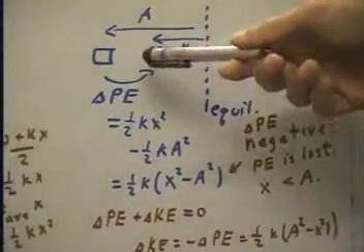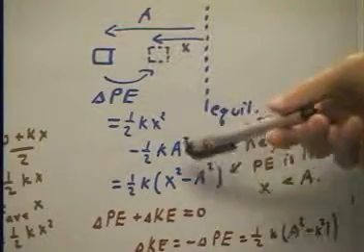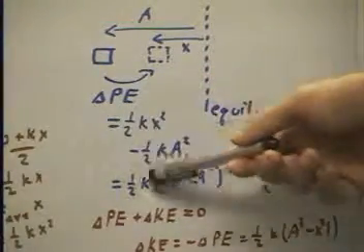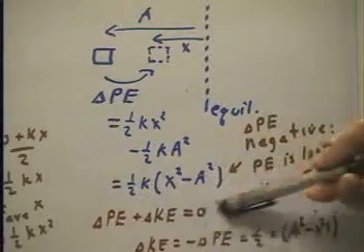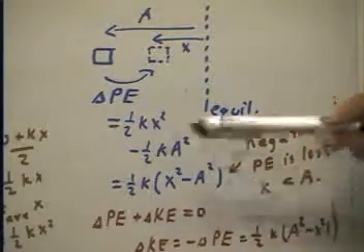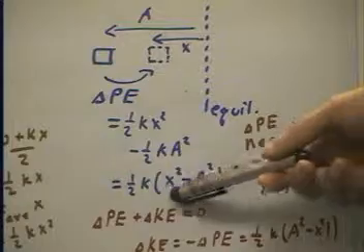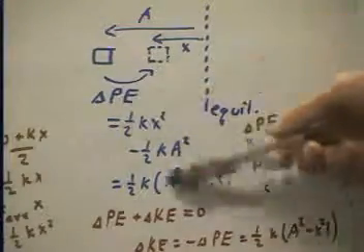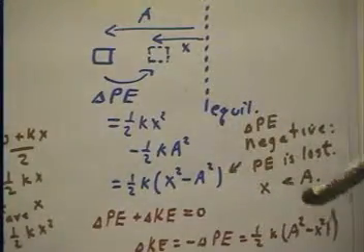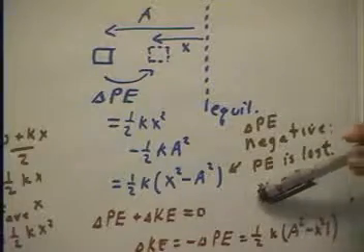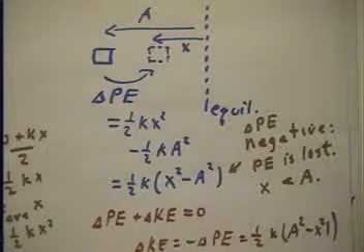If we subtract this potential from this potential, we get 1/2 kx squared minus 1/2 kA squared. We can factor out the 1/2 k and get this expression. And note that since A is bigger than x, this is negative, so our potential energy change certainly is negative. Okay, potential energy is lost because x is less than A.